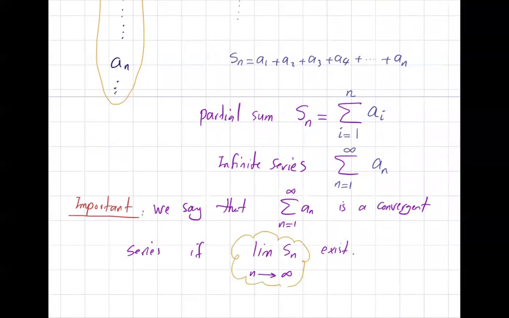So if you take the partial sum and the limit of the partial sum exists, you say that your infinite series is a convergent series. Otherwise, your series is called a divergent series.